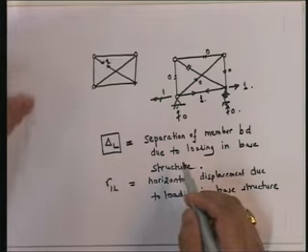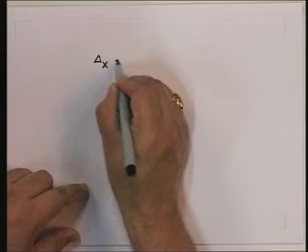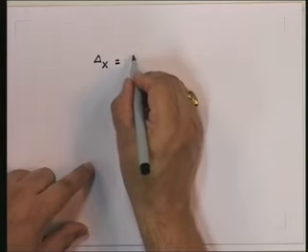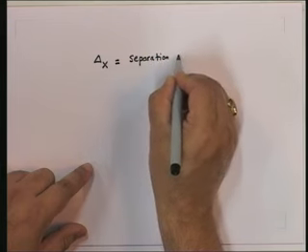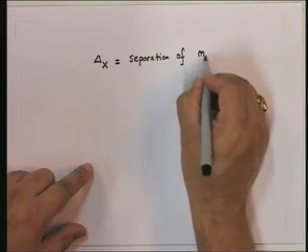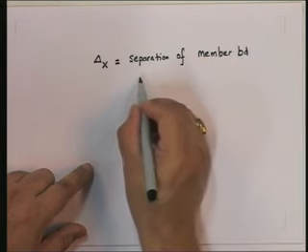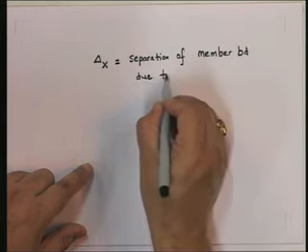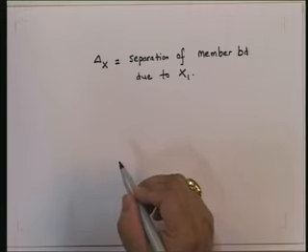I also need to find out the delta x. What is delta x? Separation of member BD due to x1. This also I can find out, because what is the real structure?